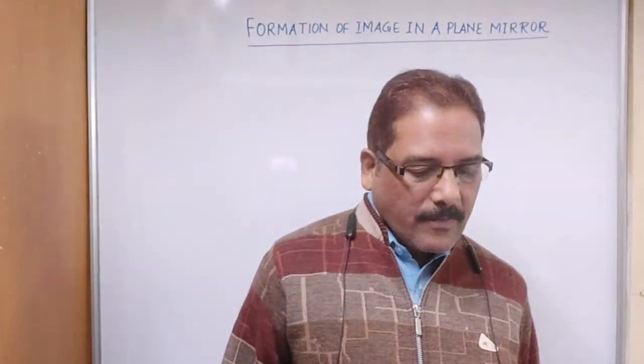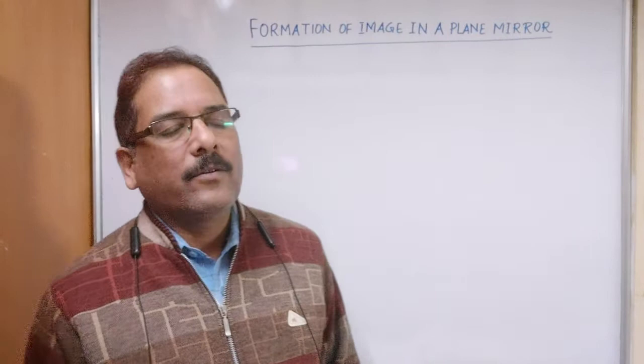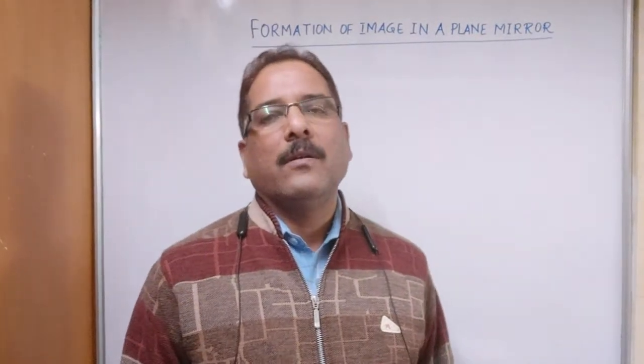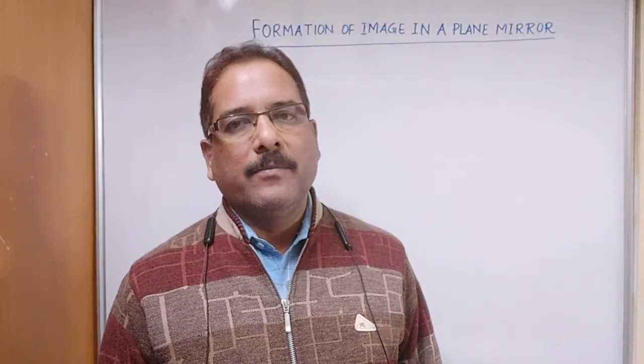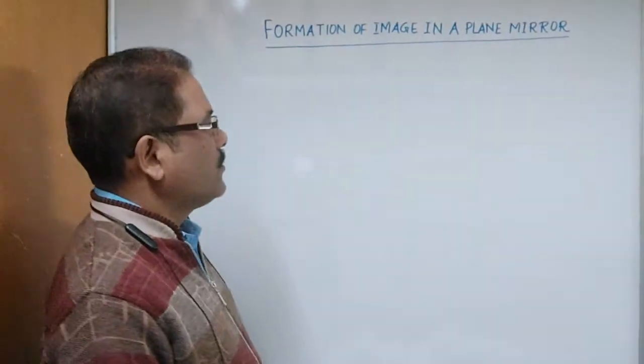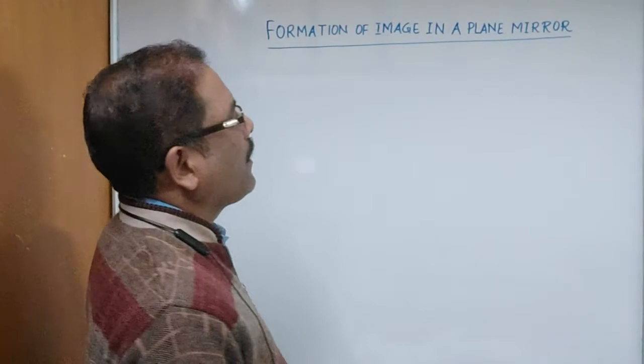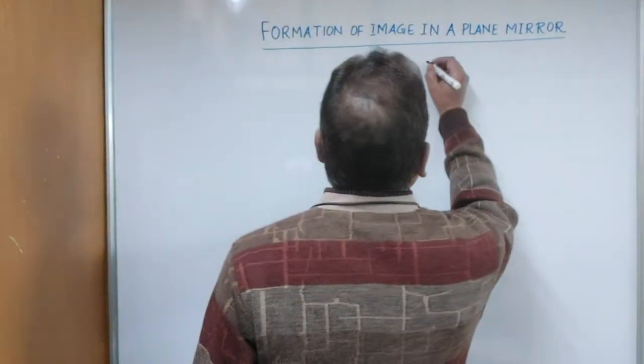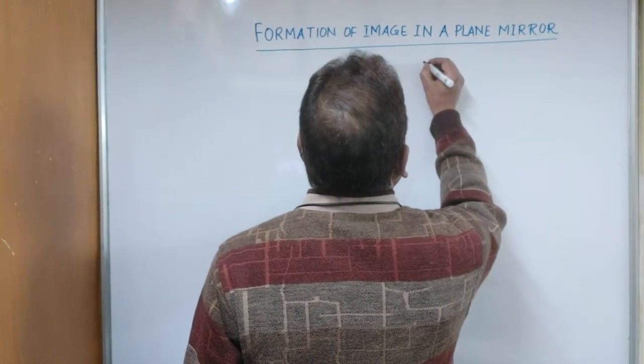Now today, how images are formed in a plane mirror. So you may get a question on the formation of image of a point object in case of a plane mirror. So see how I am drawing. First of all, you have to draw a mirror.